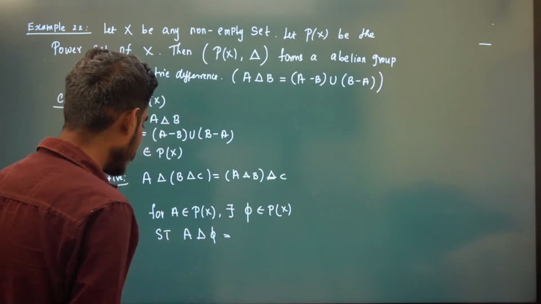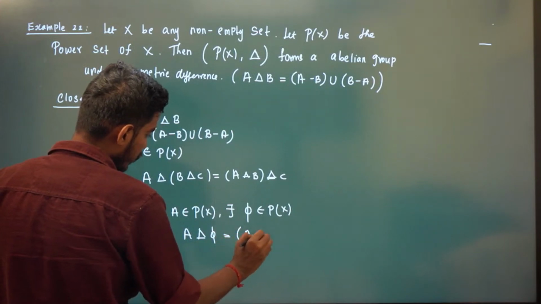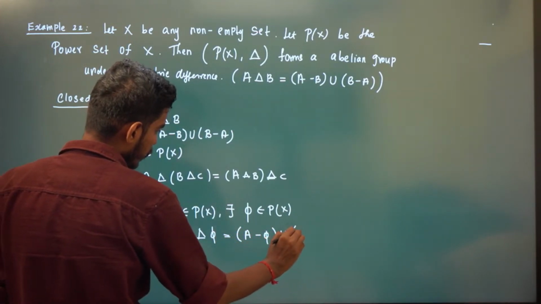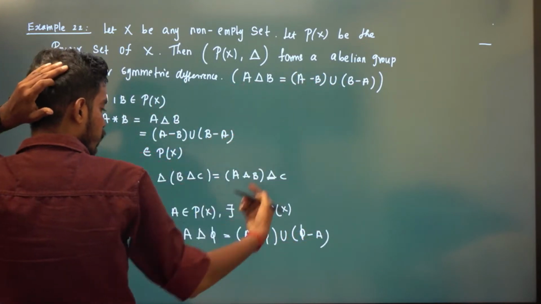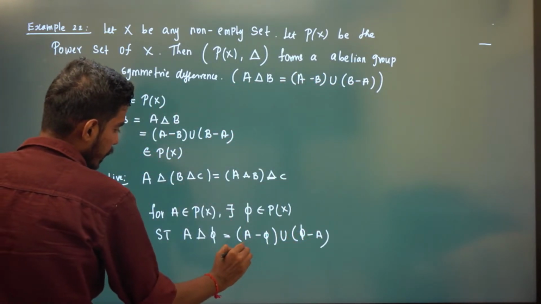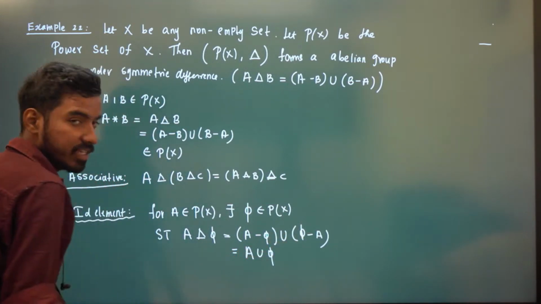So what is A delta empty? A minus empty union empty minus A, because the definition is A minus B union B minus A. So what about A minus the empty set? It is A. Empty set minus A is empty.